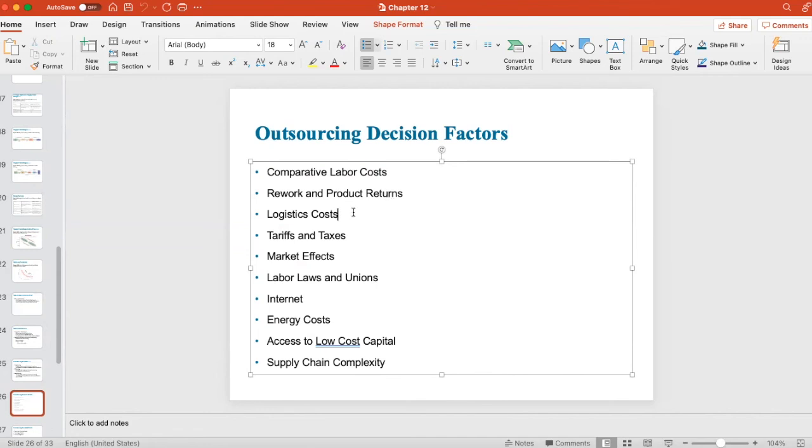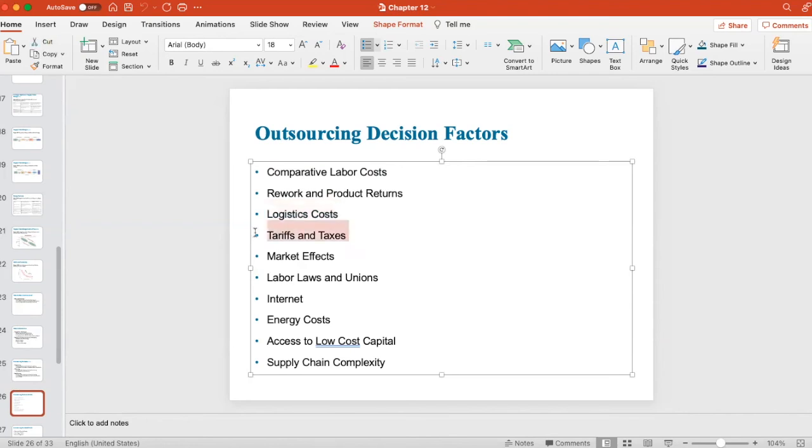All right, and besides that, for example, the supply chain logistics cost. As we just said, if we can set up our supplier, our manufacturing company, near to the customer market, then we save a lot of cost for transportation and this whole logistics process. That's also very important.